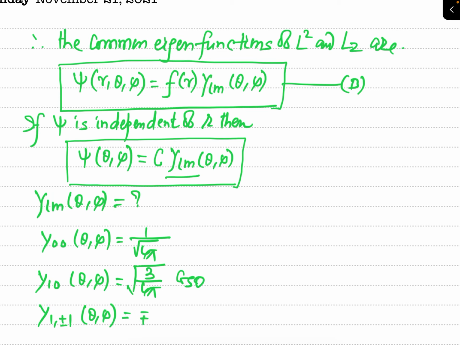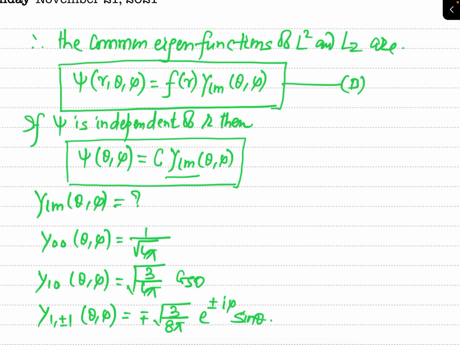This is equal to minus-plus root of 3 by 8 pi, e to the power plus-minus i phi, sin theta. In this way, you can remember some of the values, and studying the standard textbook, you should see how these values are obtained.